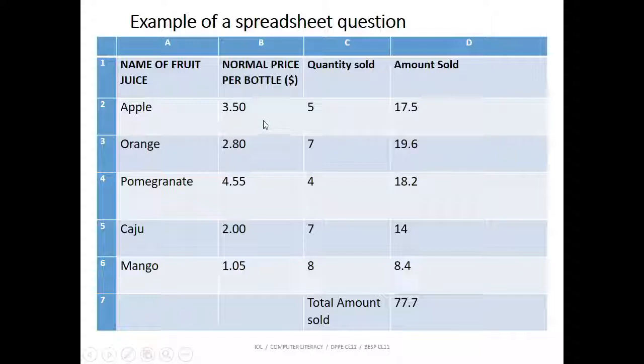The price I sold a bottle is 3,50. How many quantity did I sell? 5. So how much will be with me? What will you do? Definitely you are going to multiply 3,50 multiply by 5 to give me 17,5.